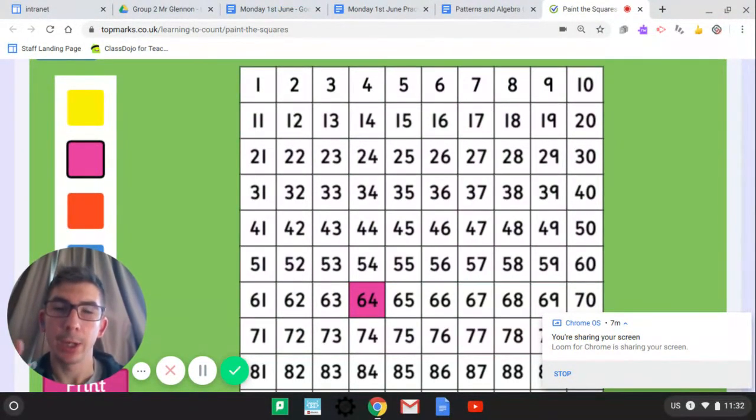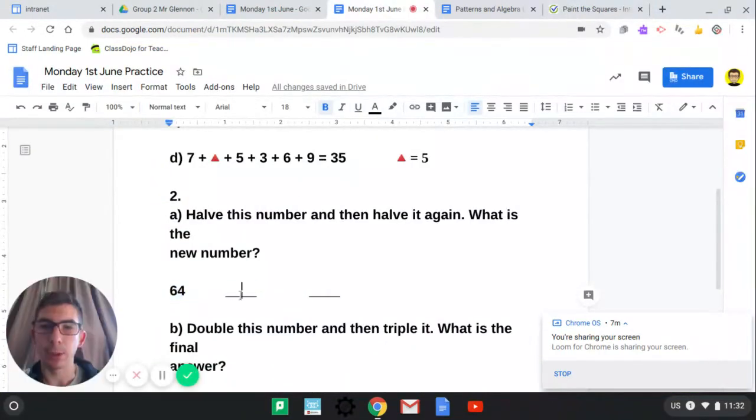And then 2 and 2 make 4. So therefore, half of that is 32. Okie doke. Alright, so you just need to make sure you're dividing. When it's half, you divide by 2. So I know the next number is 32.